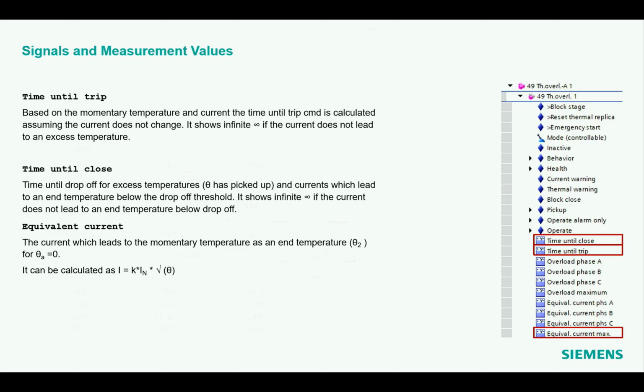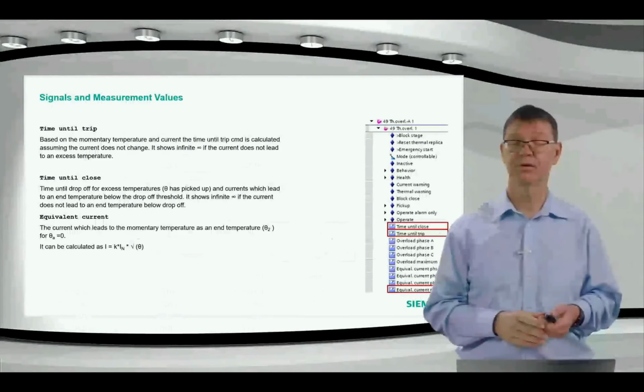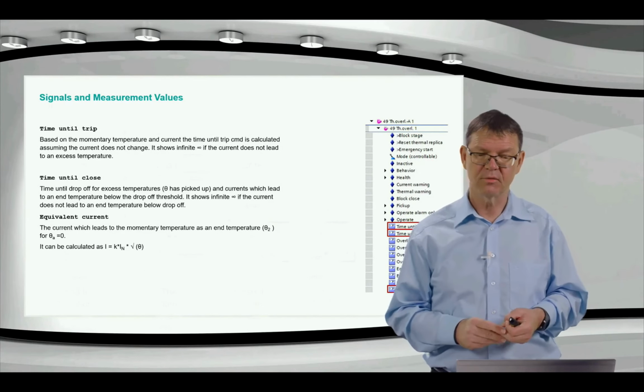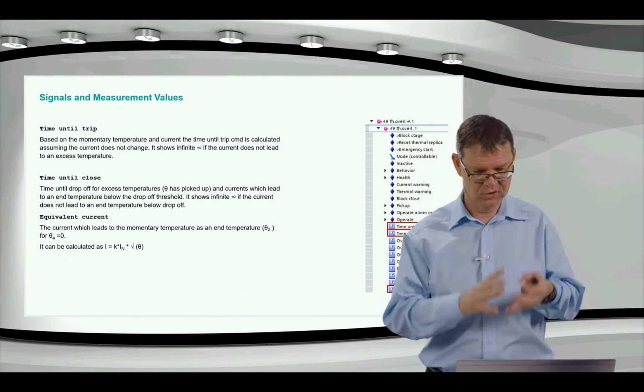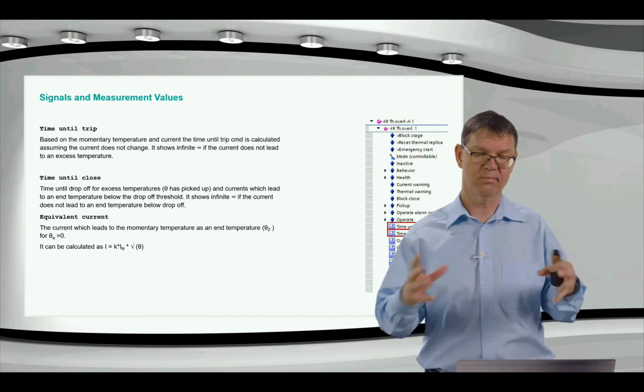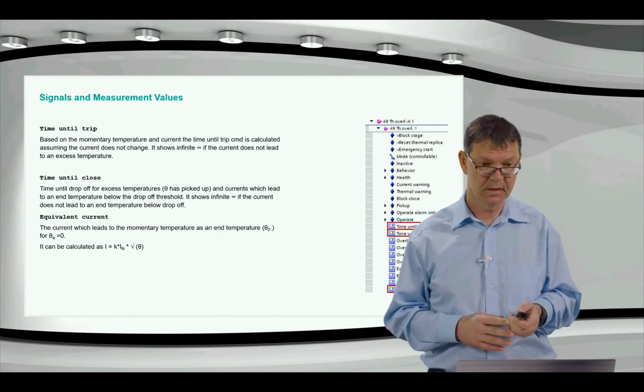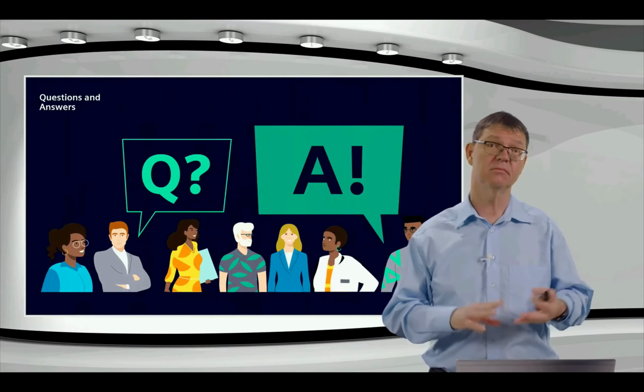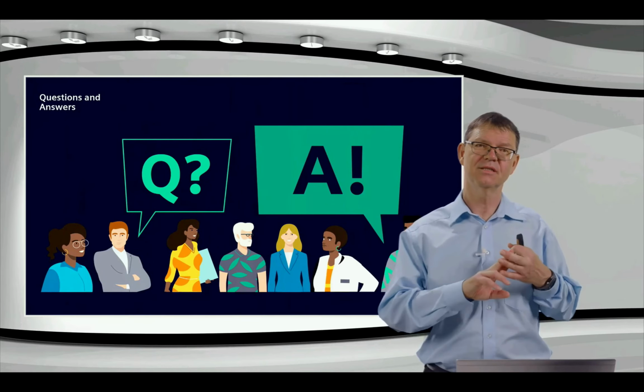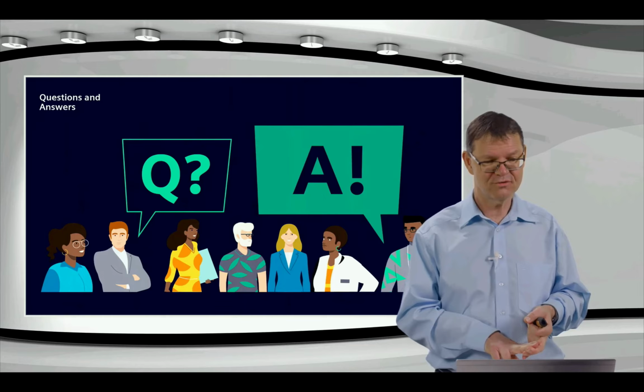So these are 3 measurement values which have a certain meaning in this function, and I described this on that slide as a summary of what we have as settings, to complement the whole story. And I think with that, I'm at the end of the stator overload protection function and the thermal model.